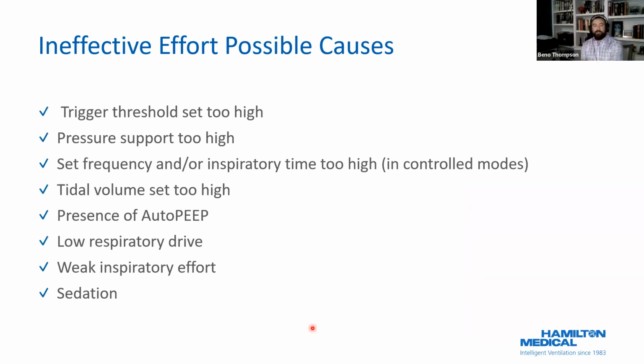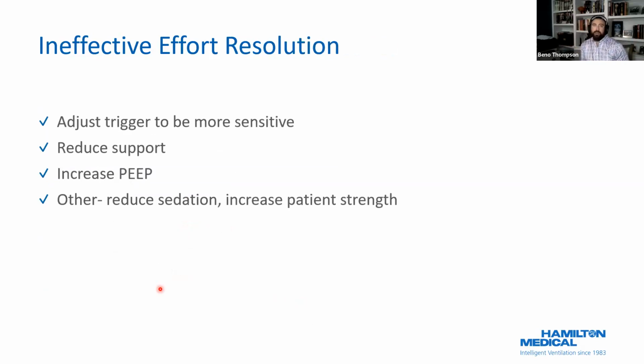That all goes into that too much support bucket that Dr. Lung did. And then down here you have presence of auto PEEP, right? We talked about that. And low respiratory drive, weak inspiratory effort, sedation, those all go into the same bucket as well, right?